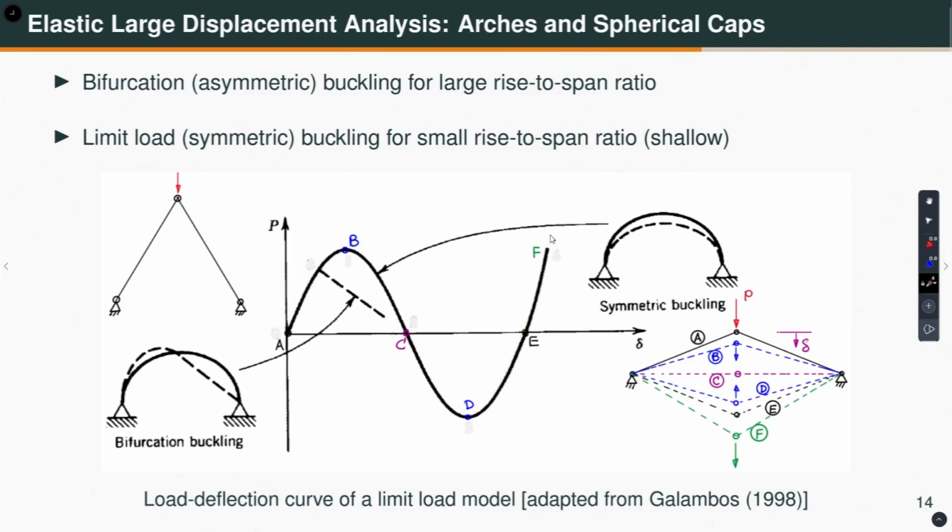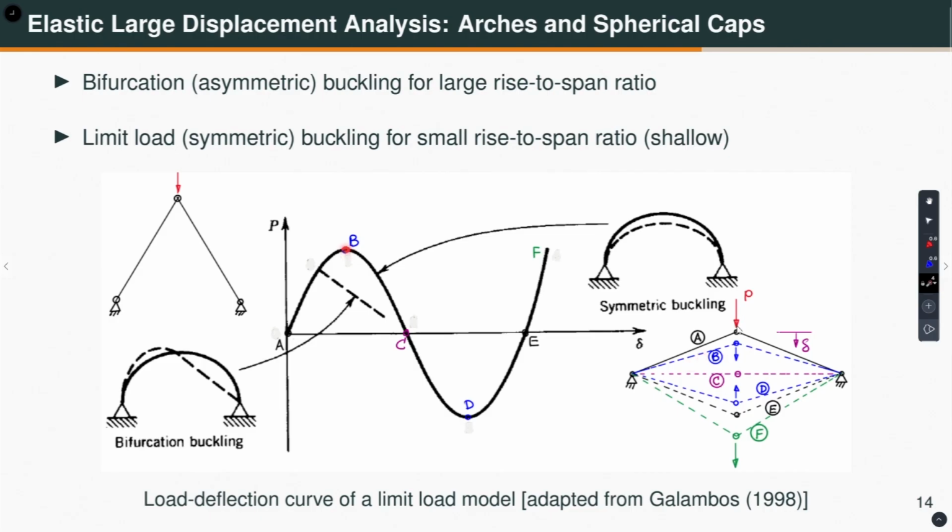Let me explain this. So, if you keep on increasing the load from 0, then what happens? You will move along this path and reach a maximum load, which is called a limit point, at point B, okay. Which is shown here by this blue dashed line, right. This is the maximum load.